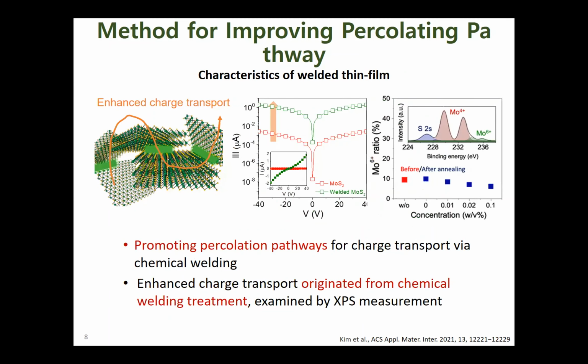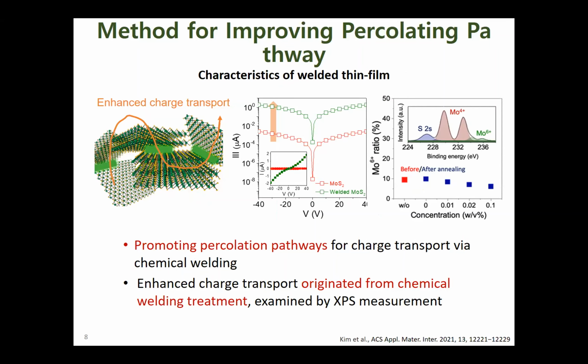This chemically welded MoS2 thin film device exhibits two orders higher electrical conductivity than that of the pristine. This increased electrical conductivity can be explained with defective MoS2-x at the interface.